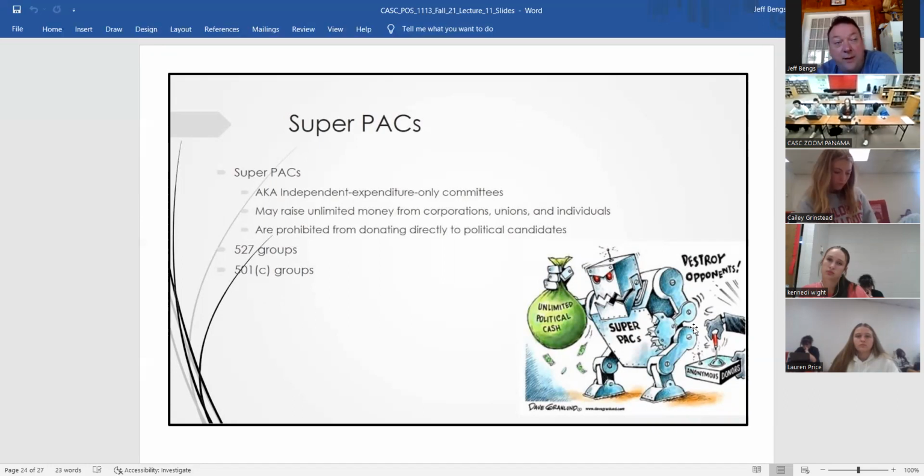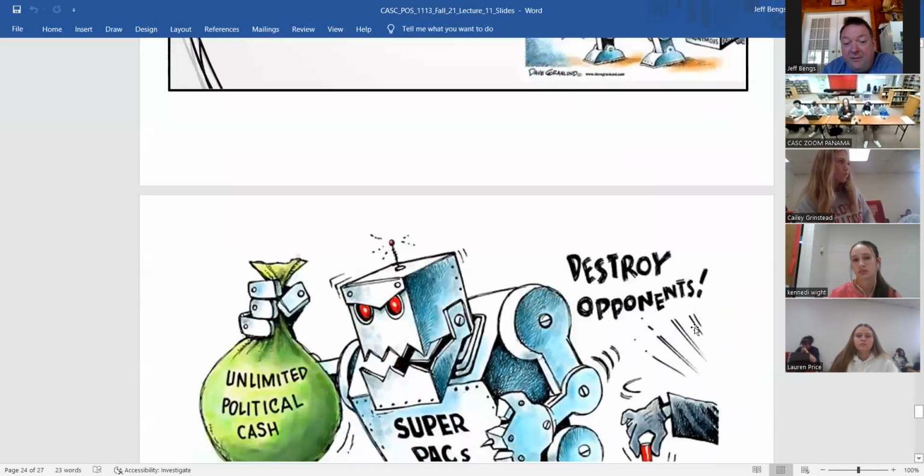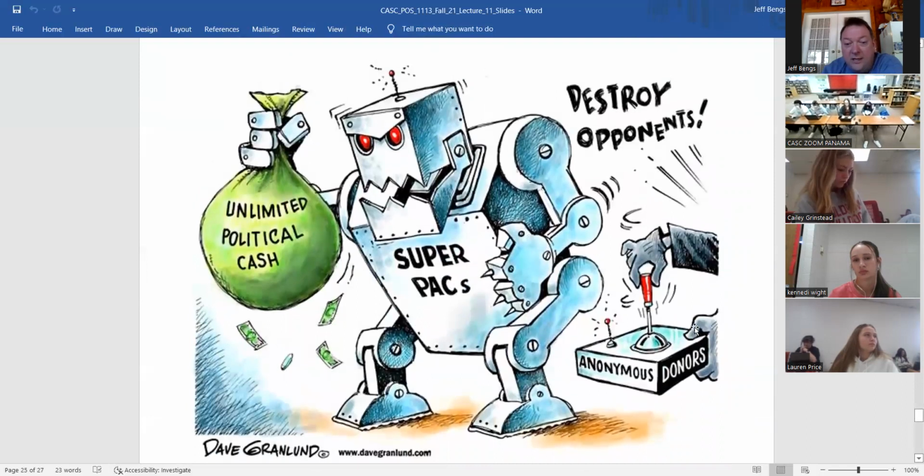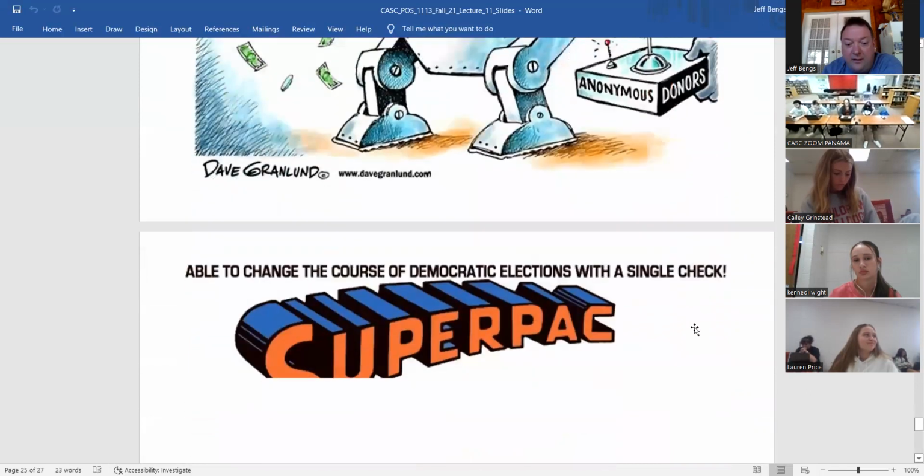PACs do give their money to candidates, and they can only raise so much money. I think it's $5,000. Super PACs can raise an unlimited amount of money, and they have become very, very influential in politics during the last 25 years.